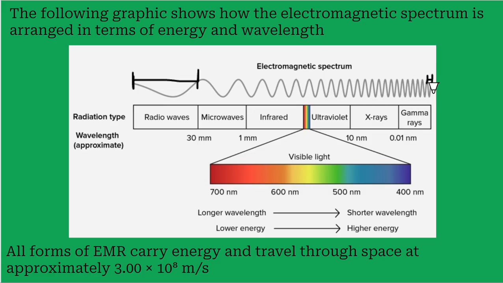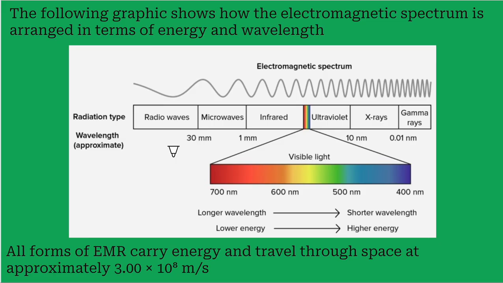We have high frequencies over here and low frequencies on this side, and that also correlates to how much energy they carry. Waves that have short wavelengths and high frequencies carry lots of energy. You can see that outlined down here for you. And ones that carry little energy are long and have low frequencies.